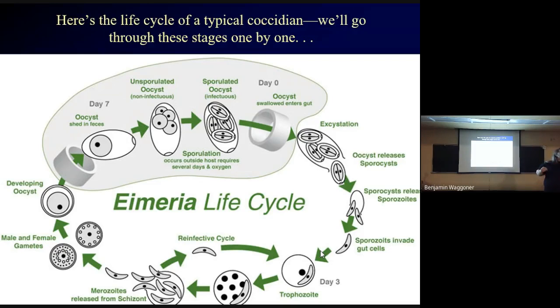The schizont then divides into a bunch of merozoites, and they all go bursting out, and some of those merozoites can reinfect new cells. So one sporozoite getting introduced into the gut might produce dozens of merozoites, many of which can infect more cells and repeat the cycle, albeit in coccidians a limited number of times.